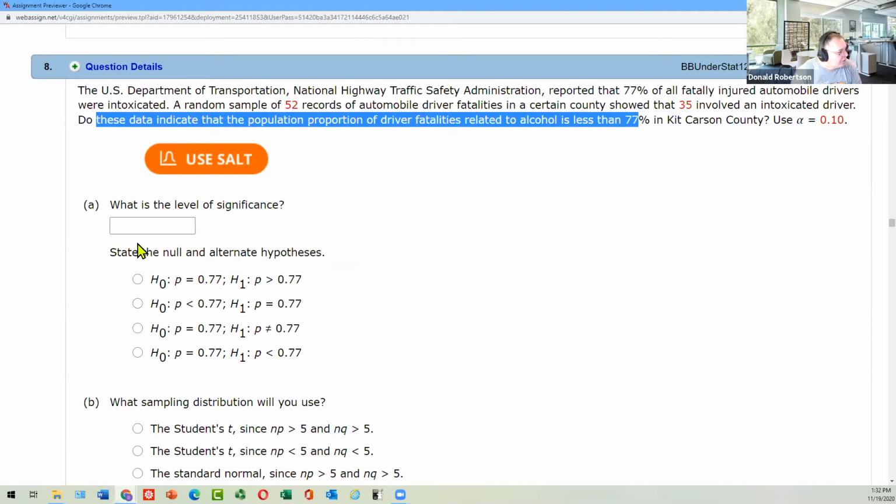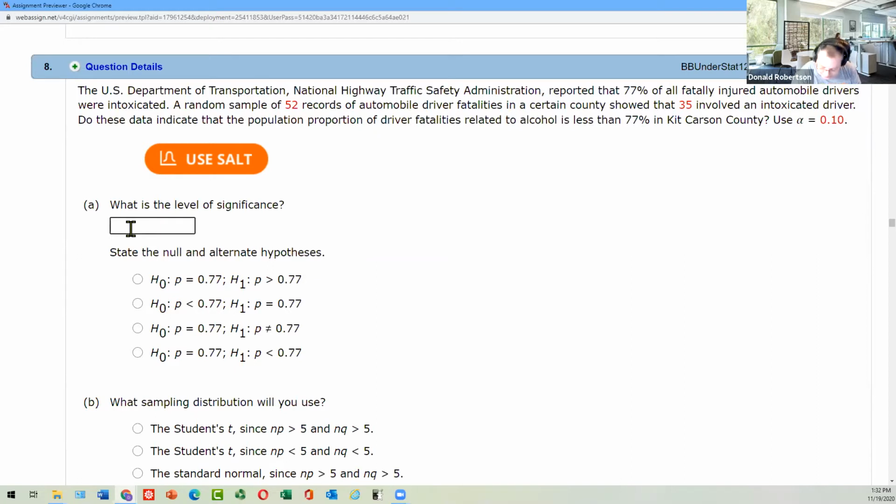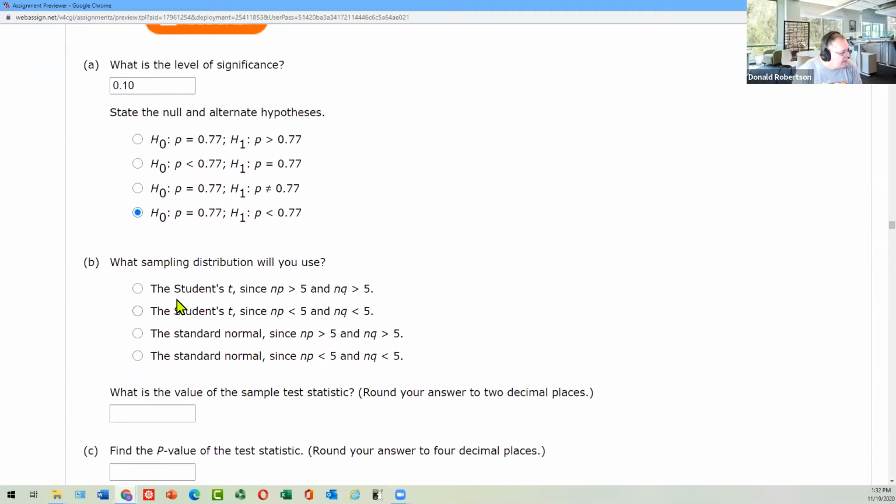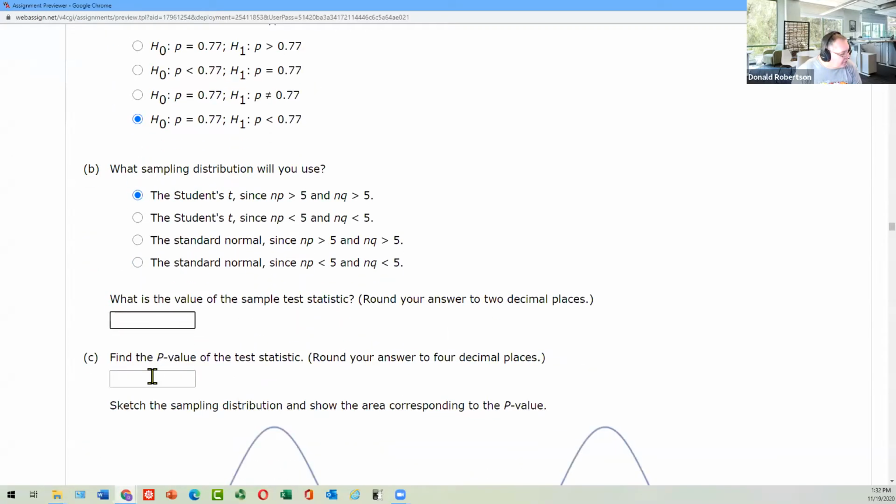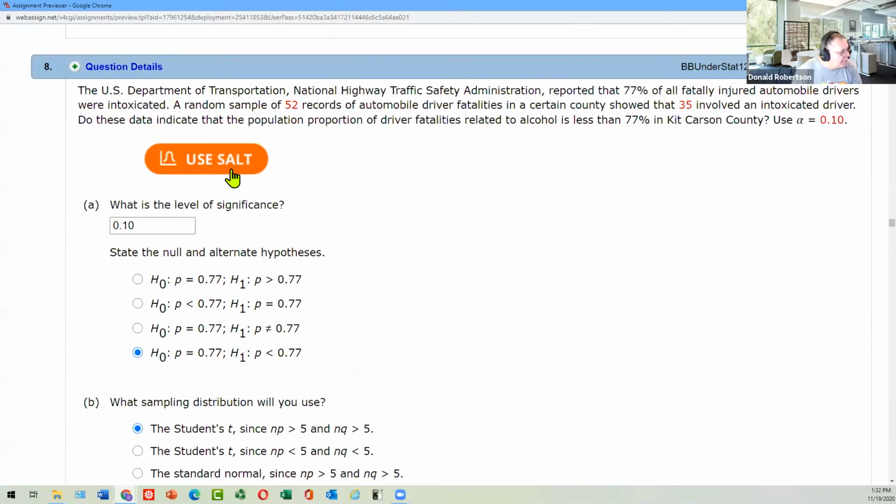Okay, so significance level is 10%. We're looking for a less than story, which makes it that one. You know this guy, you've seen him enough times. Right, test statistic, p-value, conclusion, coming up.